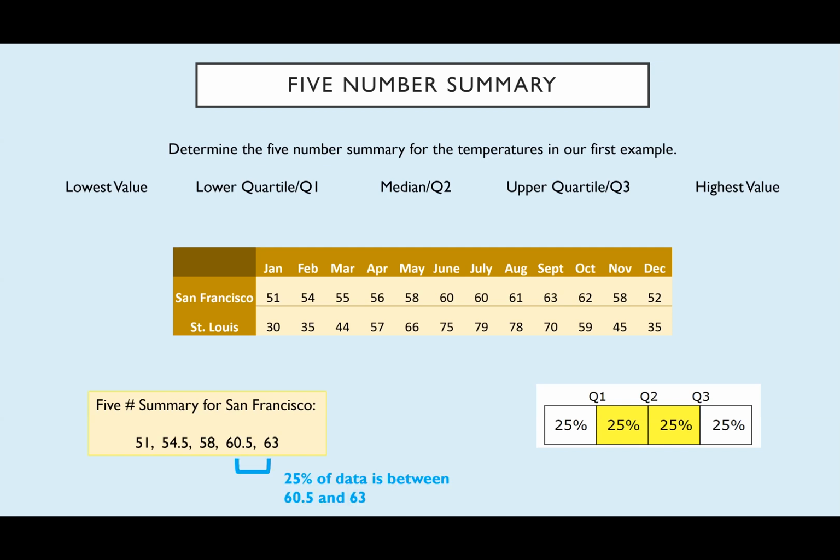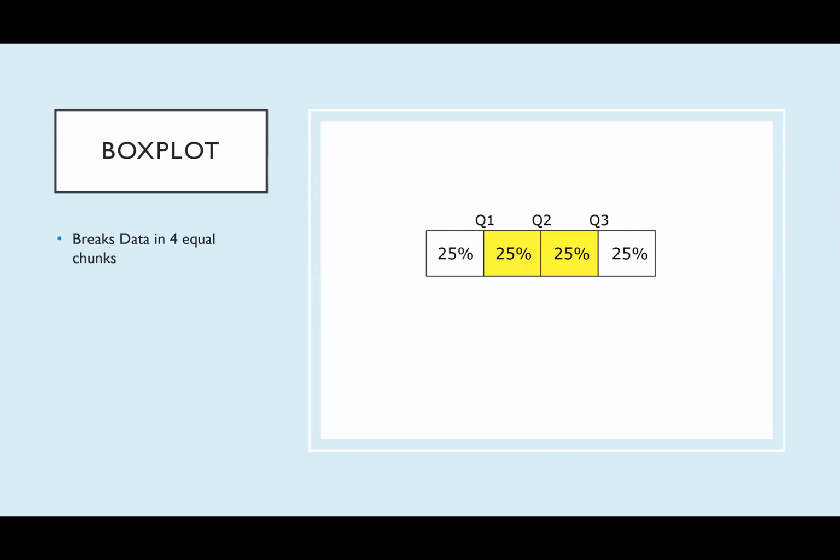And the last quarter of our data is between 60.5 and 63. So the box plot is useful because it breaks the data into 4 equal chunks, and it also shows the concentration of values. So we'll see that in action a little bit later on, what I mean by that.